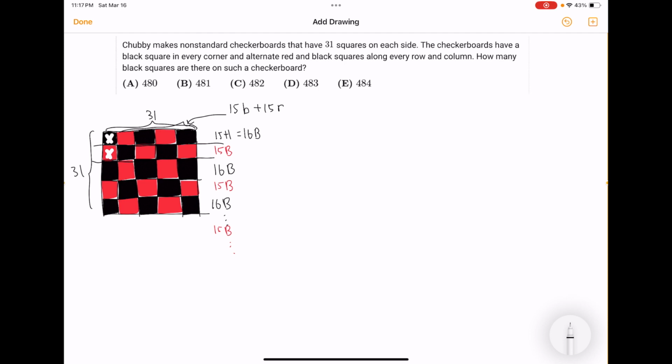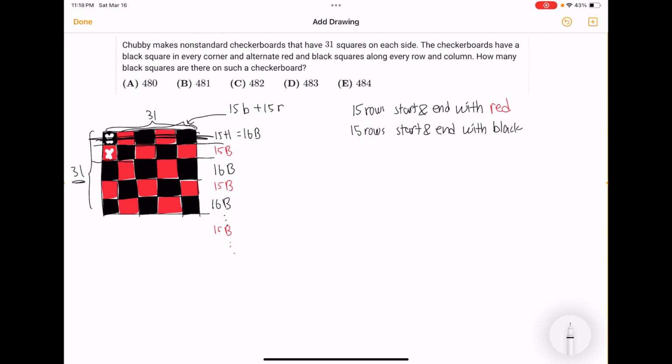We see here that because there are 31 rows, when we get rid of the first row, for example just this row, if you cross this one out, that gives us 30 remaining rows. So we have 15 rows that start and end with red, and then we have 15 rows that start and end with black.